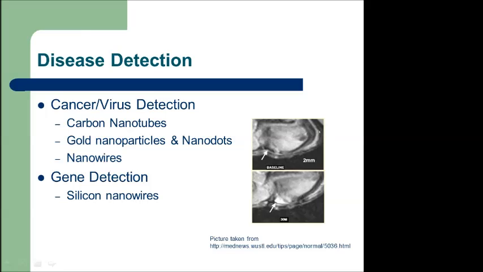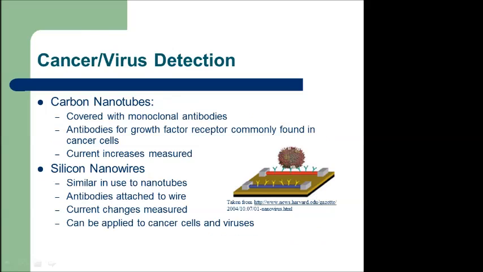Then cancer and virus detection using carbon nanotubes. How is this done? The nanotube is covered with monoclonal antibodies, which are antibodies for the growth factor receptor commonly found in cancer cells.